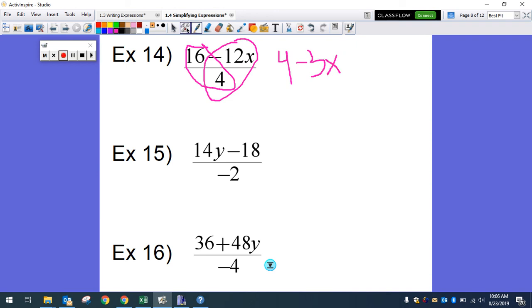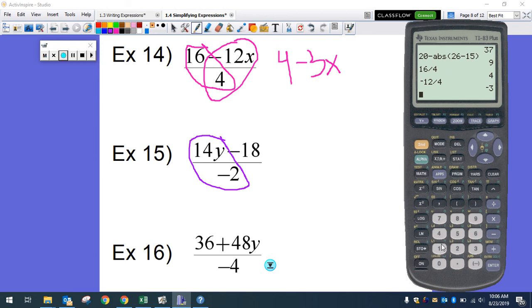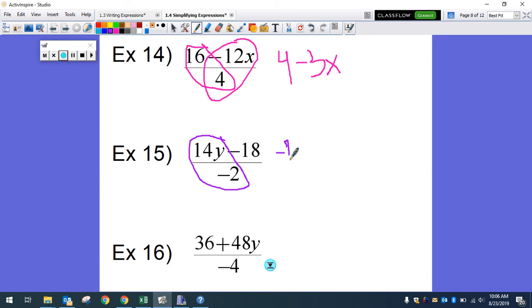So let's do another one. I know you might be confused. Let's do another one. Here, start with this very first 2. We're going to divide these. So I'm going to do 14 divided by negative 2. And I got negative 7. So I'm going to put negative 7. This 14 had a y, so I'm going to put a y with that 7.